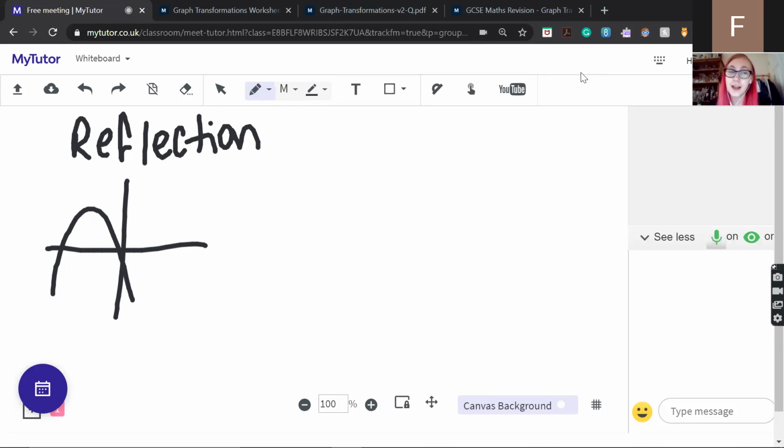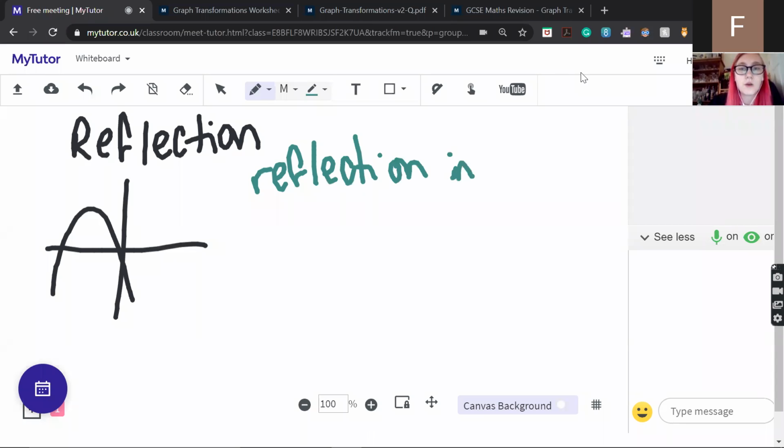So in terms of reflection, you have to say about which line or which axis. So here, let's say we want to do a reflection in the y-axis. So reflection in y-axis.